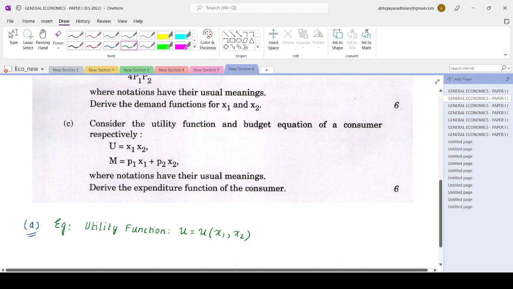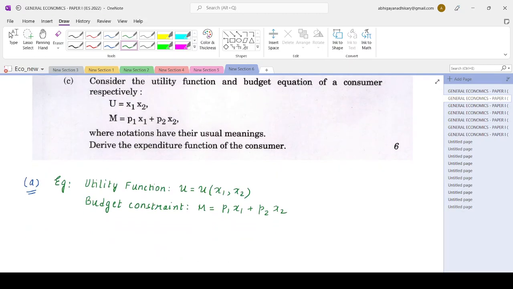The levels of consumption of the two goods determine the utility obtained. And what was the budget constraint? It was M equals P1 x1 plus P2 x2, a standard two commodity framework.